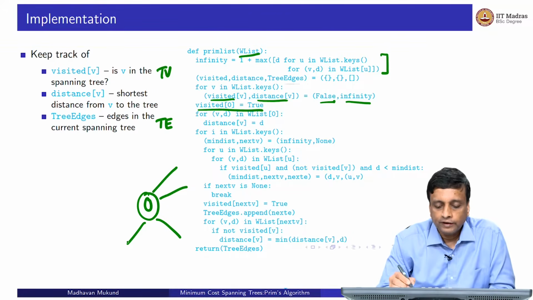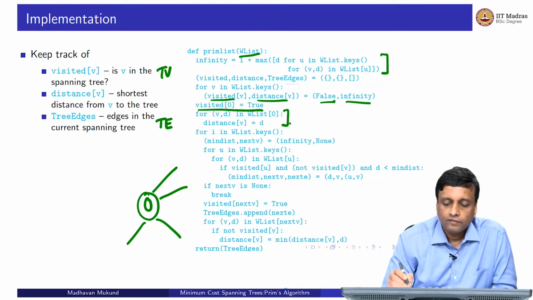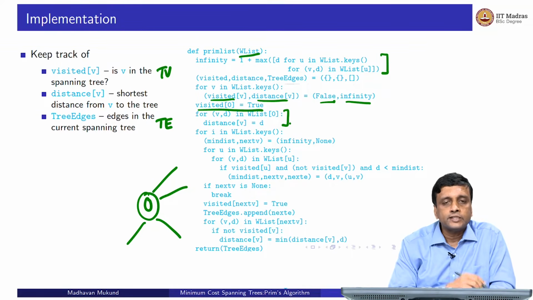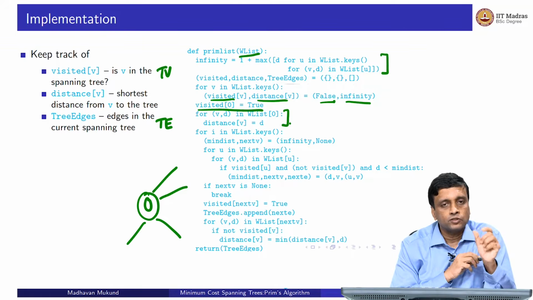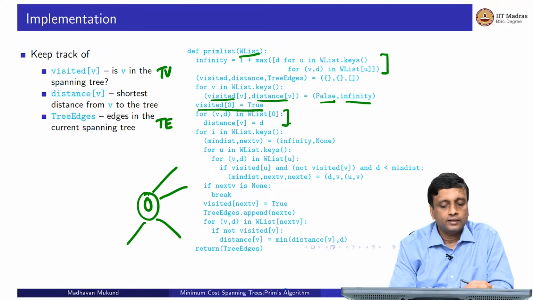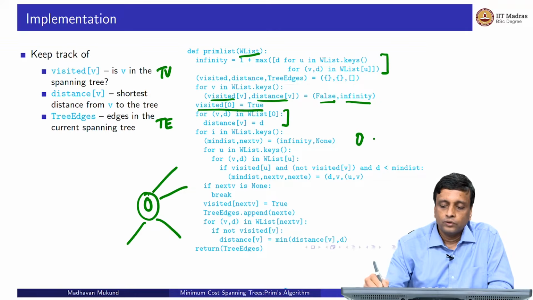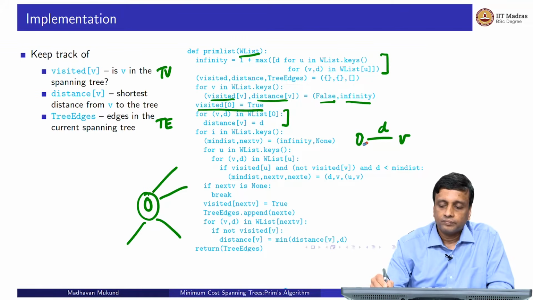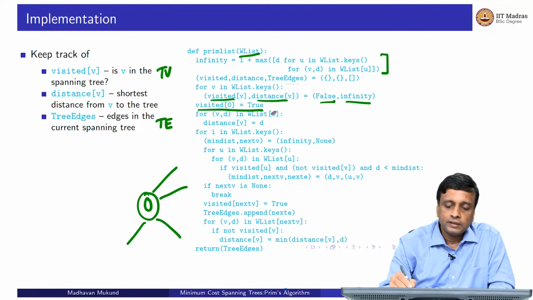So for every vertex in the adjacency list of 0, I set the distance to that vertex to be the weight of that edge. So if I have an edge from 0 to v with distance d, it will be a pair v comma d in the adjacency list of 0, so I will set the distance of v to be d. So this is my initialization.